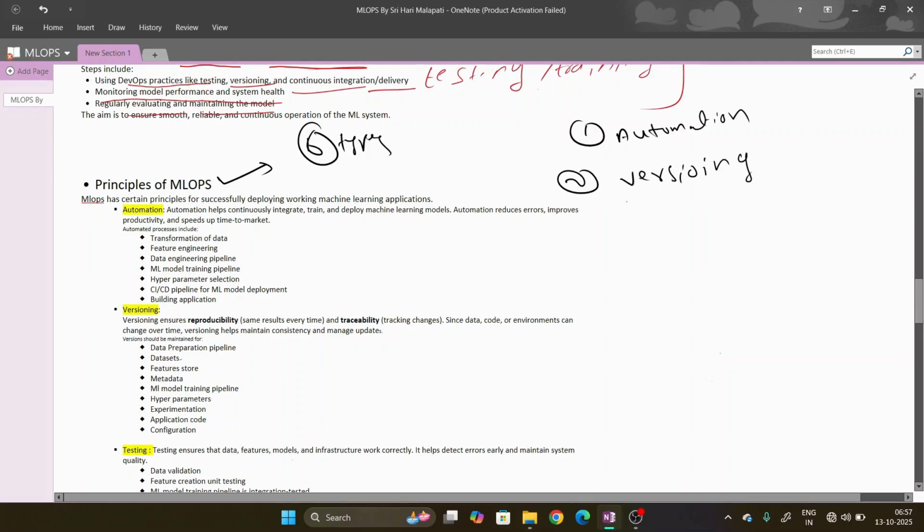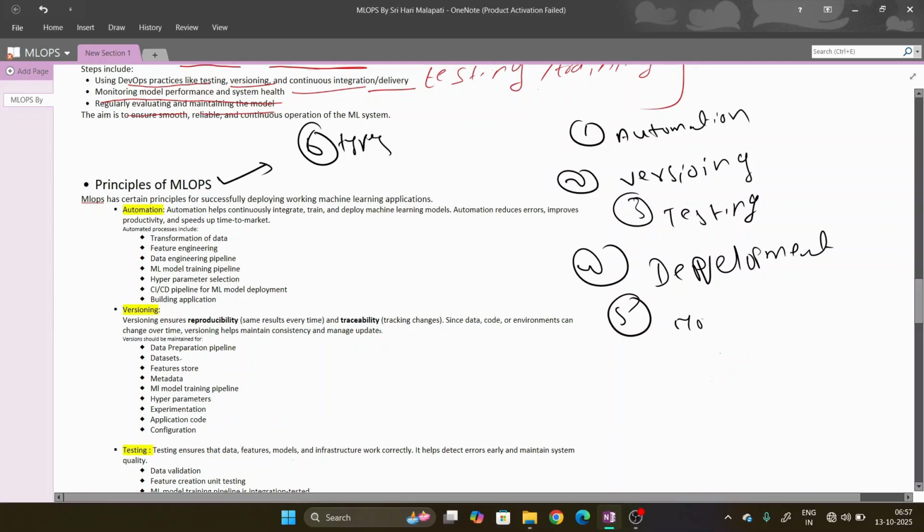Third one, testing. Fourth one, deployment. Fifth one, monitoring. Sixth one, reproducibility. We'll discuss one by one.